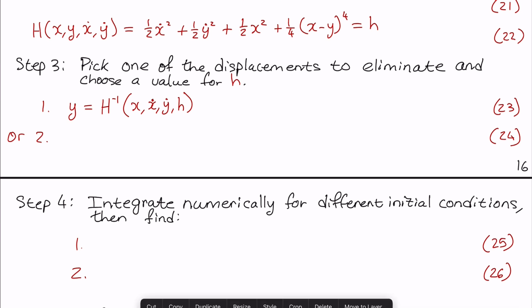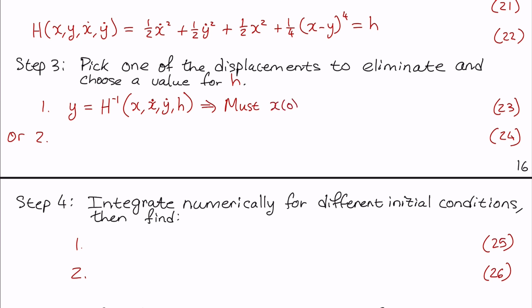So in terms of computing the Poincare section, we will need to specify the initial conditions x0, x dot 0, and y dot 0 in terms of doing a numerical computation. We specify what each of these are, we know what h is, and then we can compute what y of 0 is, and then we can do our numerical simulation. And then we'll explain how we construct the Poincare map in a moment.